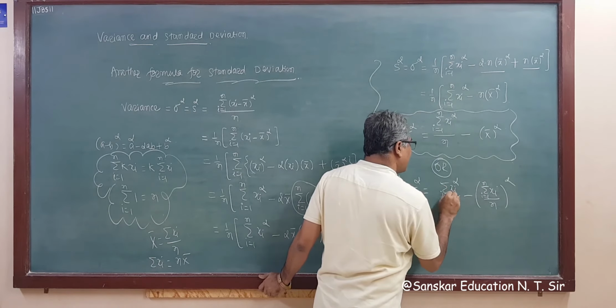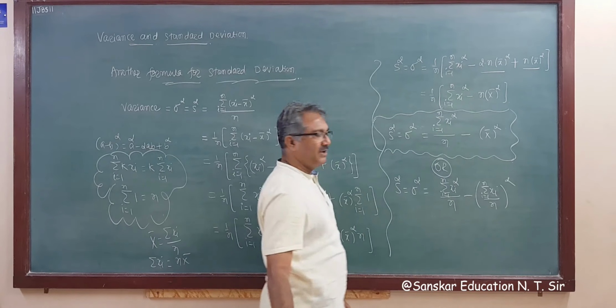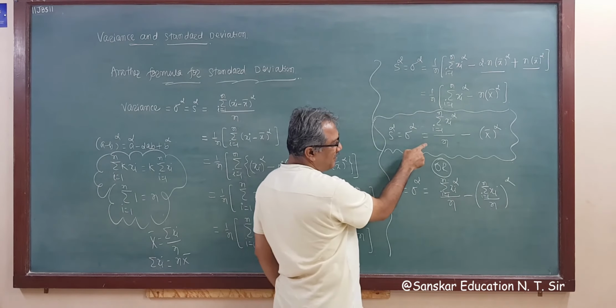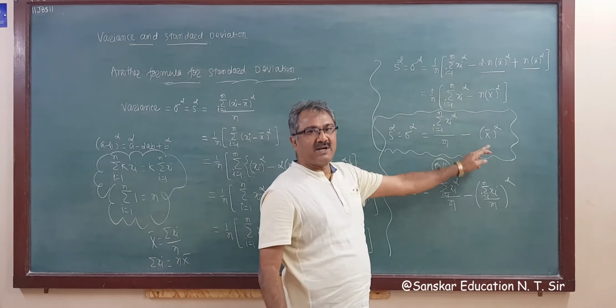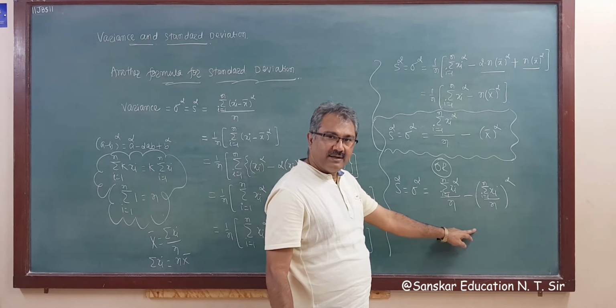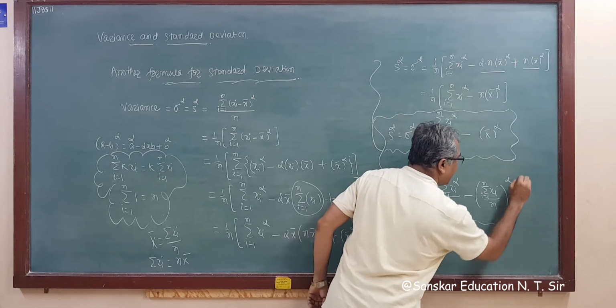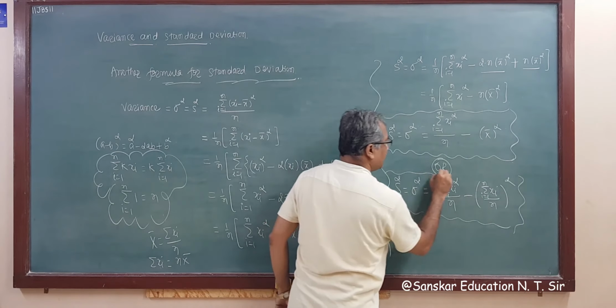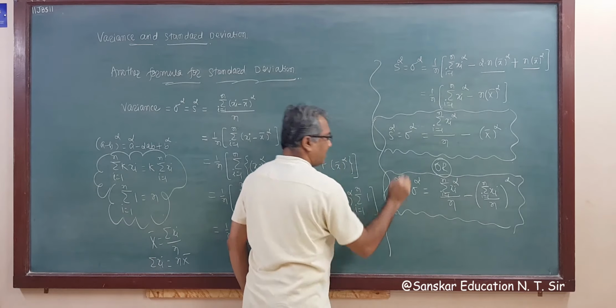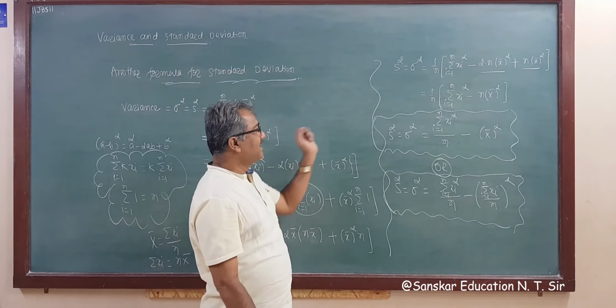So either you can remember this formula, or replace x bar by sigma xi upon n, whole square. This is another formula that you have to remember for calculating variance.